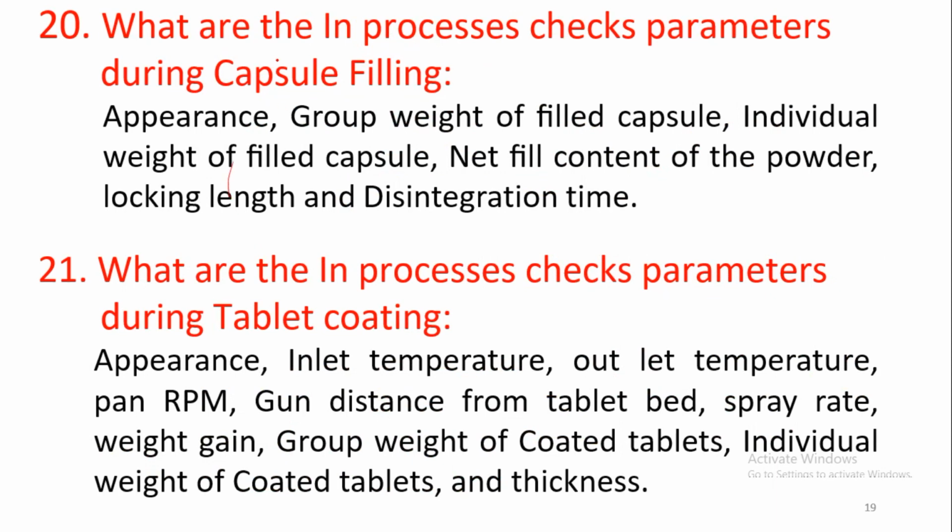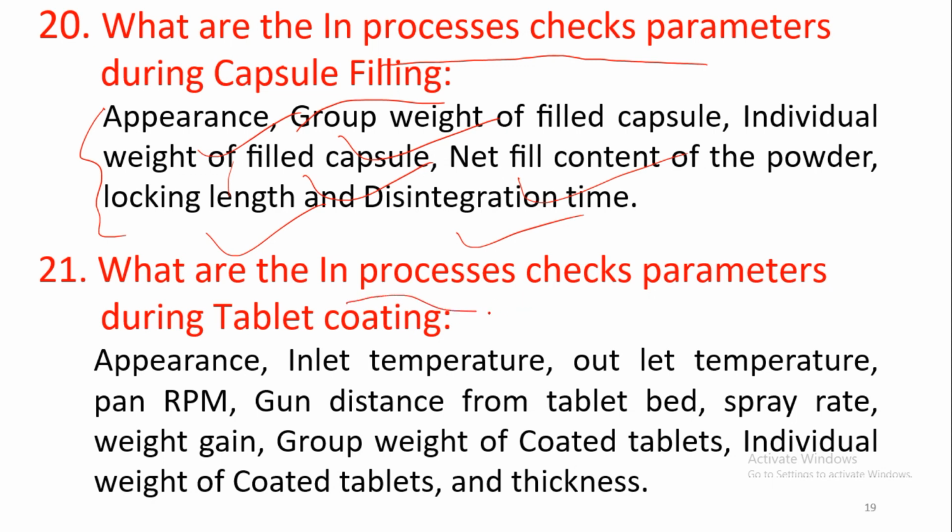This is the last question in this video. What are the in-process checks parameters during capsule filling? Appearance, group weight of filled capsule, individual weight of filled capsule, net filled content of the powder, locking length, and disintegration time. You just remember for this video, I will make a detailed video on these topics.